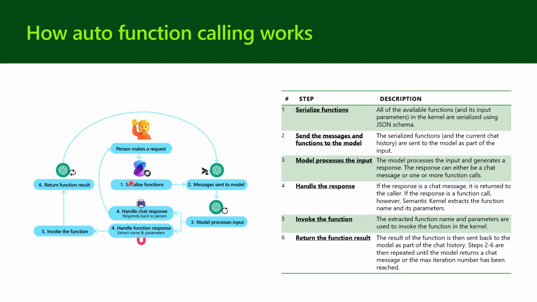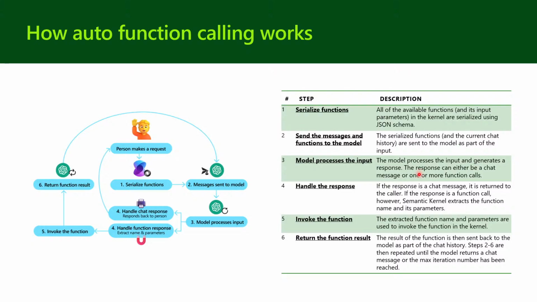In the second step, we send the messages and functions to the model. The serialized functions and the current chat history are sent to the model as part of the input. Then in the third step, the model processes the input with history and generates a response.